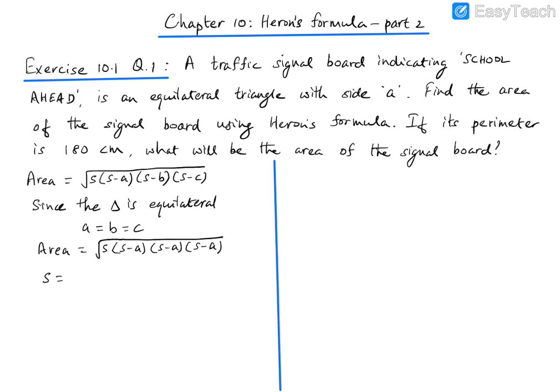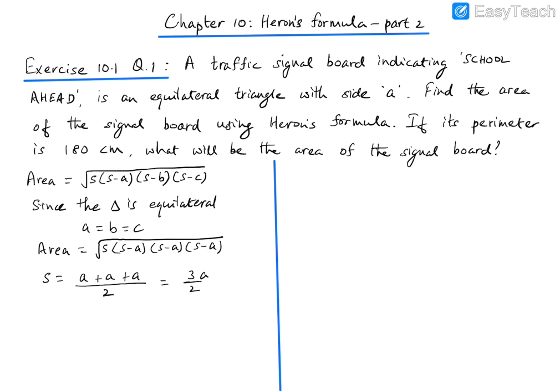Since the side of the equilateral triangle is given as A, the perimeter is A plus A plus A, and the semi-perimeter is the perimeter divided by 2, so we get 3 by 2 times A, which is 3A by 2. So that's our value for the semi-perimeter S.